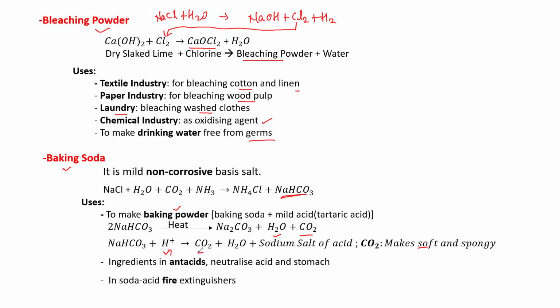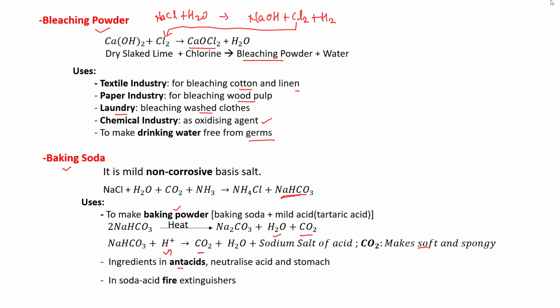So due to this carbon dioxide, it is making our product soft and spongy, like for cake and other things we are using. And it is also one of the important ingredients of antacids. So the antacid's purpose is to neutralize the acids. So that means it is basic in nature. It is also used in soda acid fire extinguishers.